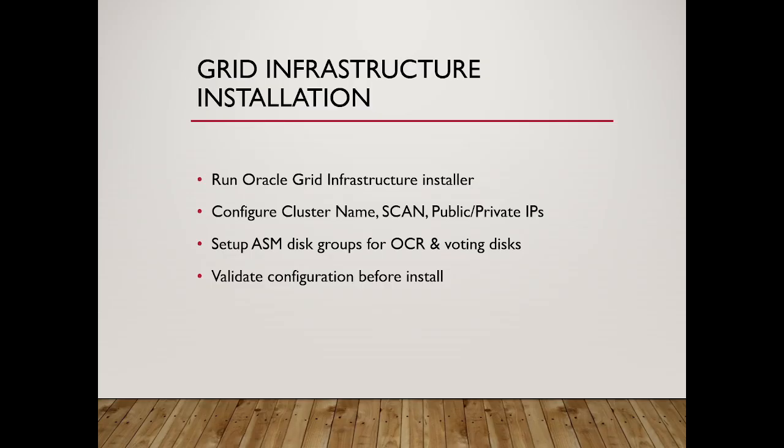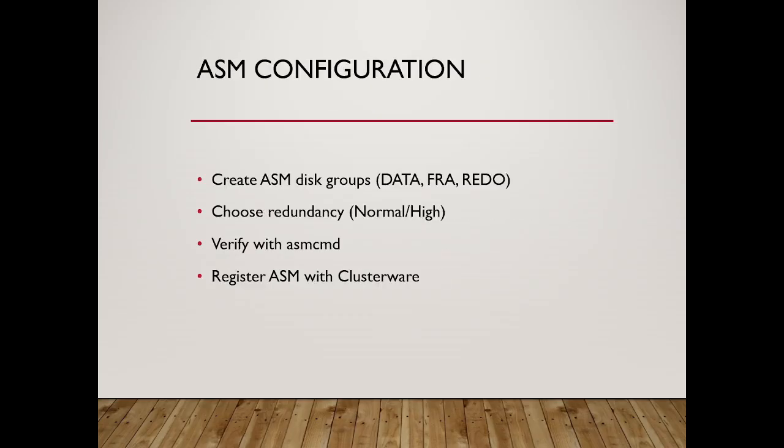I am again saying, in your production environment you have to consider your sizing for each data disk, OCR disk, or FRA. We will also validate the configuration before installing by using the Trust Verify utility.